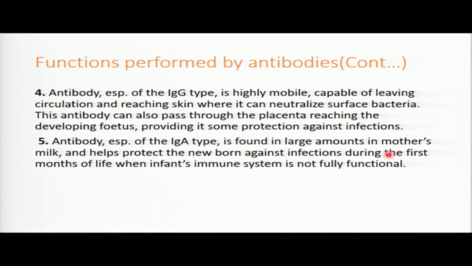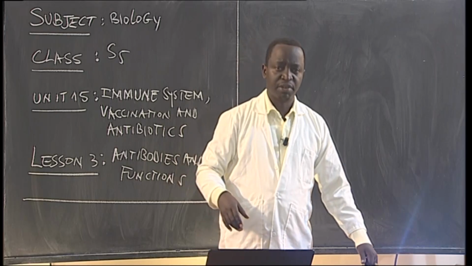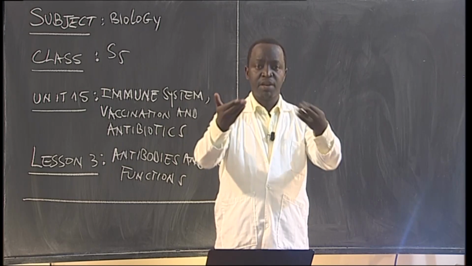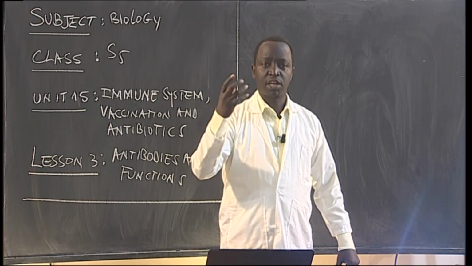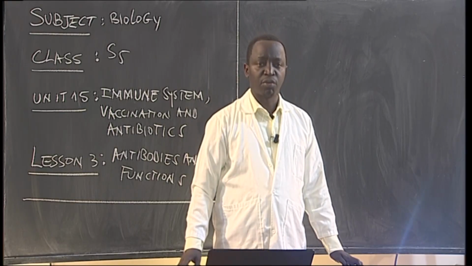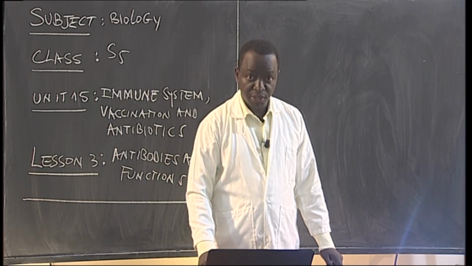Are you together? So that's why it is very important for babies to suck their mother's breast milk. It is very essential, because the baby can get some antibodies from there. Are you together?